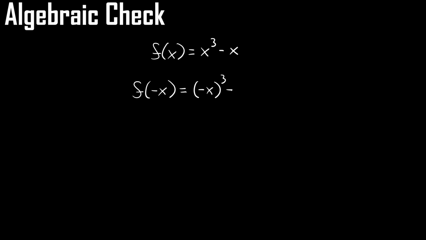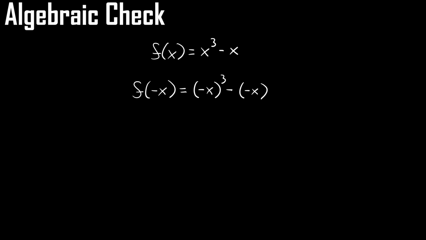For our next example, let's do f of x equals x cubed minus x. So now, since we want to test if it's even or odd, we're going to plug in negative x. So we'll get f of negative x equals negative x cubed minus negative x.